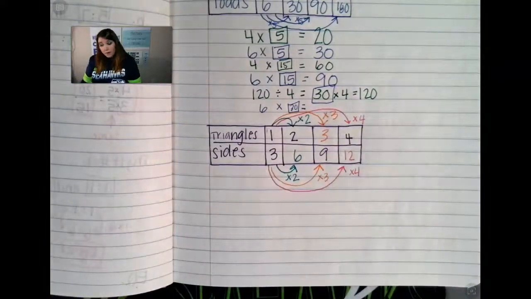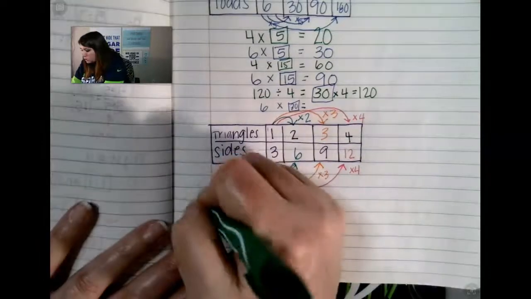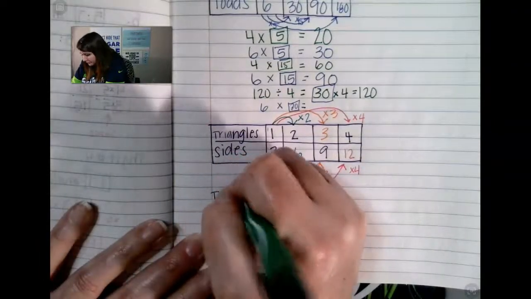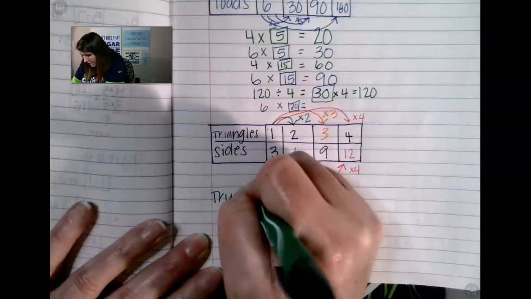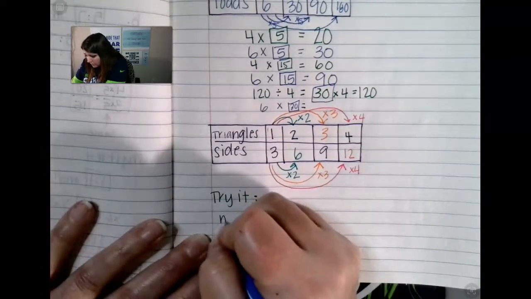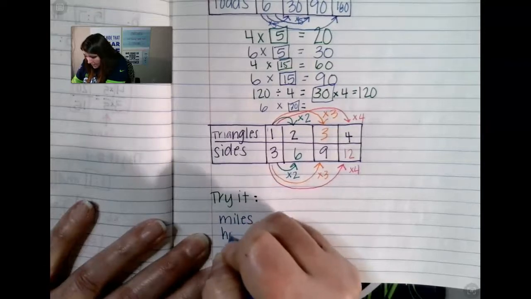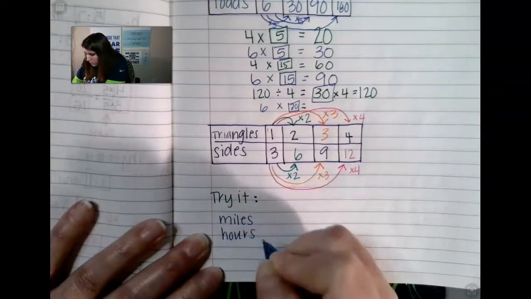Whew, that was a lot. Okay, now it is time for you to do a try it. So let's go ahead and do a try it. We are going to do miles. We're comparing miles and hours.